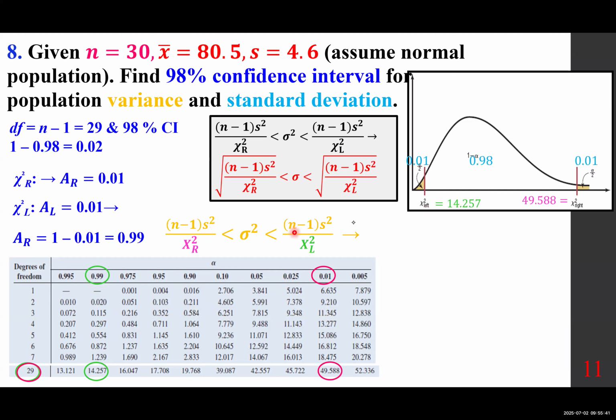Now you put that into this formula. The numerator is the same for both of them. N minus 1, 29. S, 4.6 squared. So the numerators are identical. Chi-squared of the right, 49.588 goes here. Chi-squared of the left, 14.257 goes here.